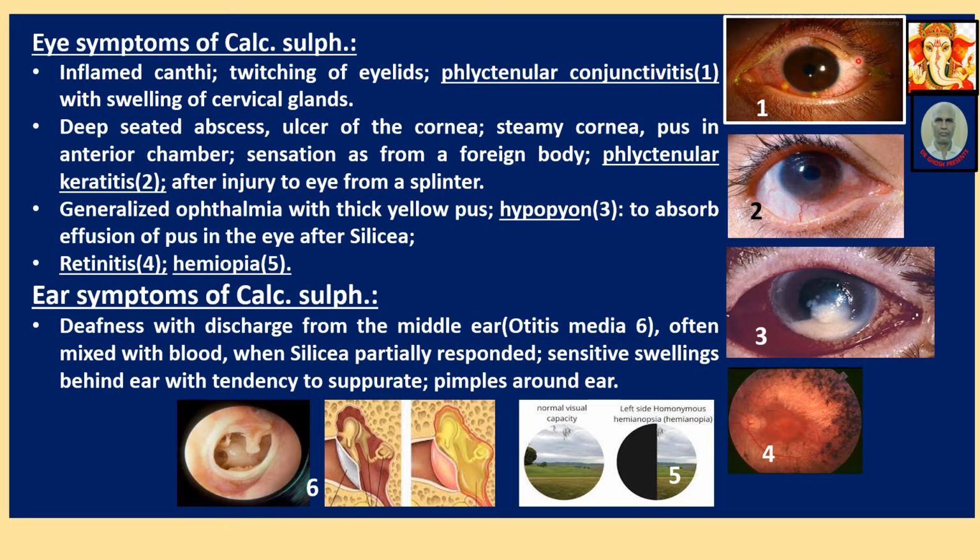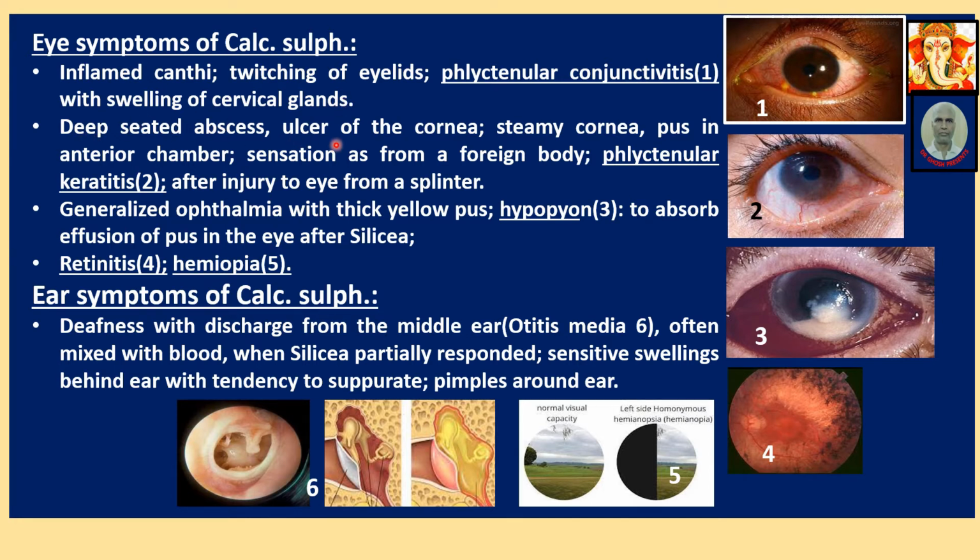Conjunctivitis, you know, is the inflammation of the conjunctiva. Phlyctenular means this is caused by some viral infection, inviting some inflammatory reactions, that is, immune system reactions. This is called phlyctenular. Truly speaking, almost all conjunctivitis is phlyctenular conjunctivitis, because in most cases the infection is viral, with swelling of cervical glands. You know, cervical glands are lymph glands around the neck.